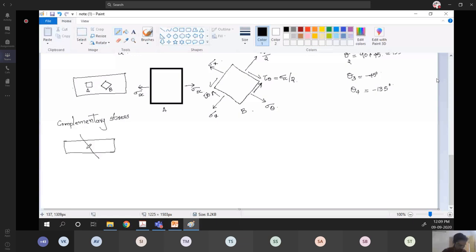So this is perpendicular. On this plane, whatever value we are getting for the sigma theta and tau theta, these are called complementary normal stress and complementary shear stress.